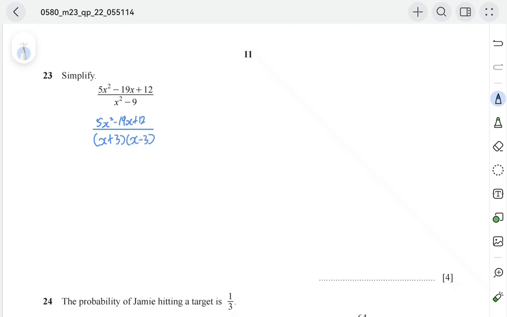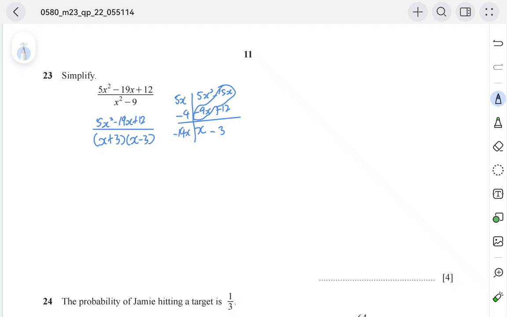Now we have to factorize the quadratic on top, 5x squared minus 19x plus 12. Using the box method, we can figure out that it's 5x minus 4 and x minus 3. It's 5x squared plus 4x plus 15x plus 12, and this becomes minus 19x.